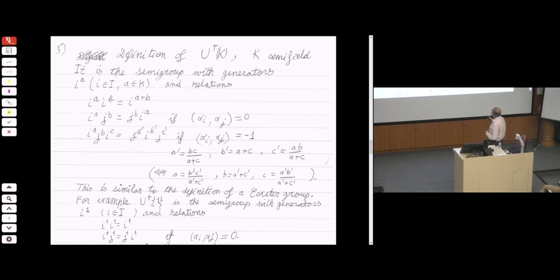But this relation between a, b, c and a prime, b prime, c prime is given by these formulas, and these formulas are symmetric. If you replace a, b, c by a prime, b prime, c prime, you get exactly the same formulas, which is quite nice. So this is a similar definition to a Coxeter group. And there's a special case when the semifield has one element.